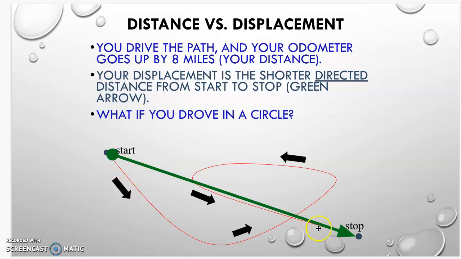If we have these two points labeled start and stop, if this thin red line notates the path that someone actually walked, let's say that you're going from one class to another. You come down, you see one of your friends in the mall, then maybe over at the other side of the mall, you see someone else and you walk over to talk to them, and then you end up in a different part of the building, right?